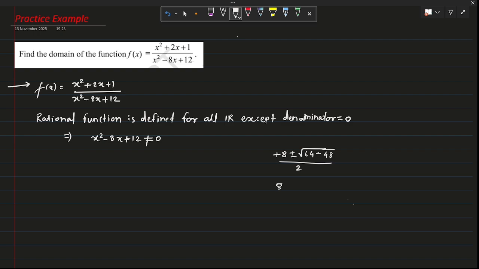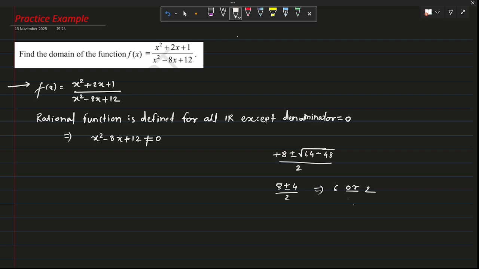So 8 plus or minus the square root of 16, so this implies it is either (8 + 4) / 2, that is 12 / 2, that is 6, or 2. So if x = 2, it is 4 - 16 + 12, so it will be 0.